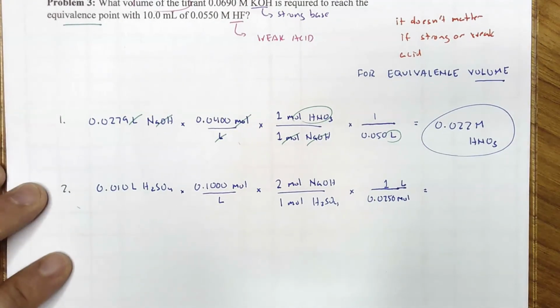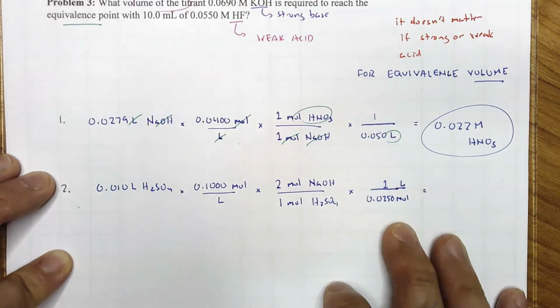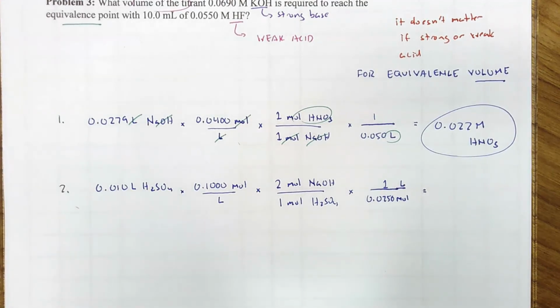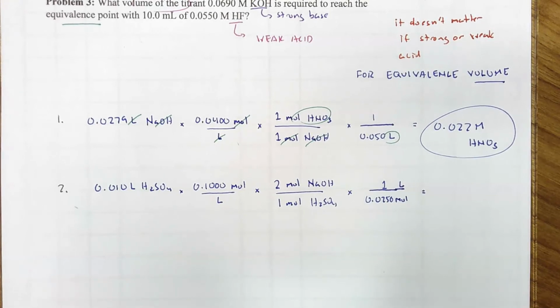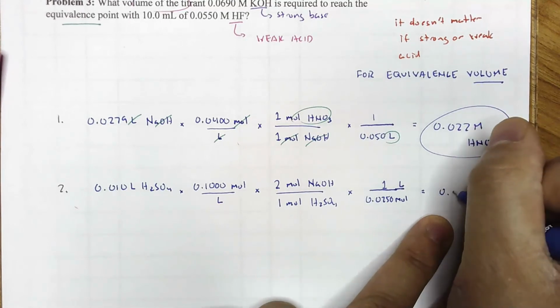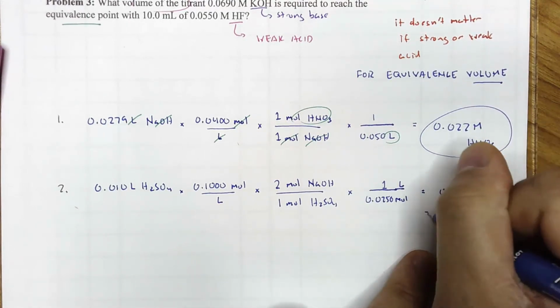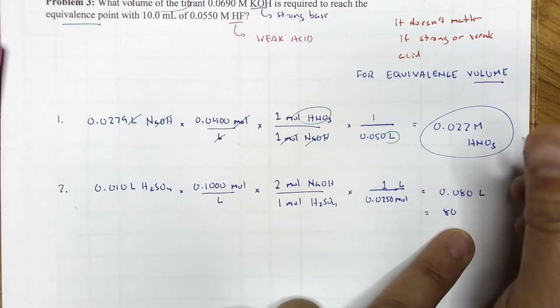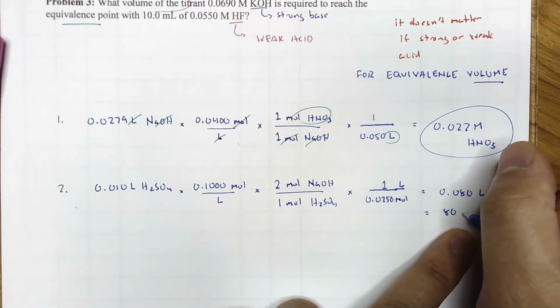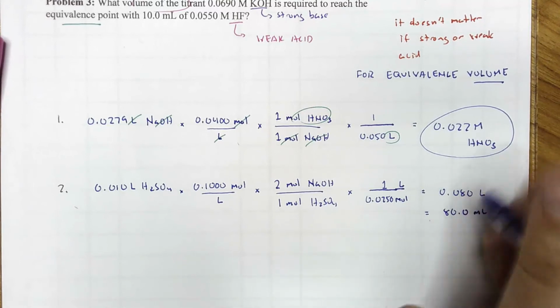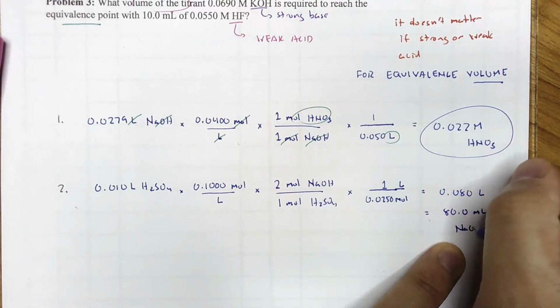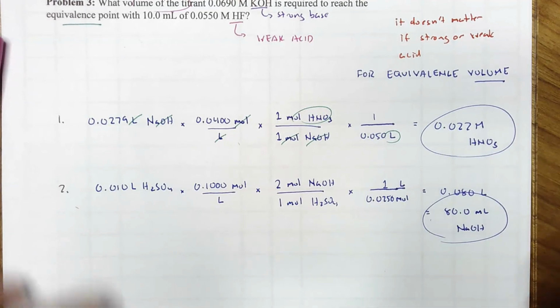Again, in one line, I think we're able to get the answer. 0.010 times 0.1 times 2, then divided by 0.0250. Okay, so I got 0.080 liters, and that's equal to 80.0 milliliters of NaOH.